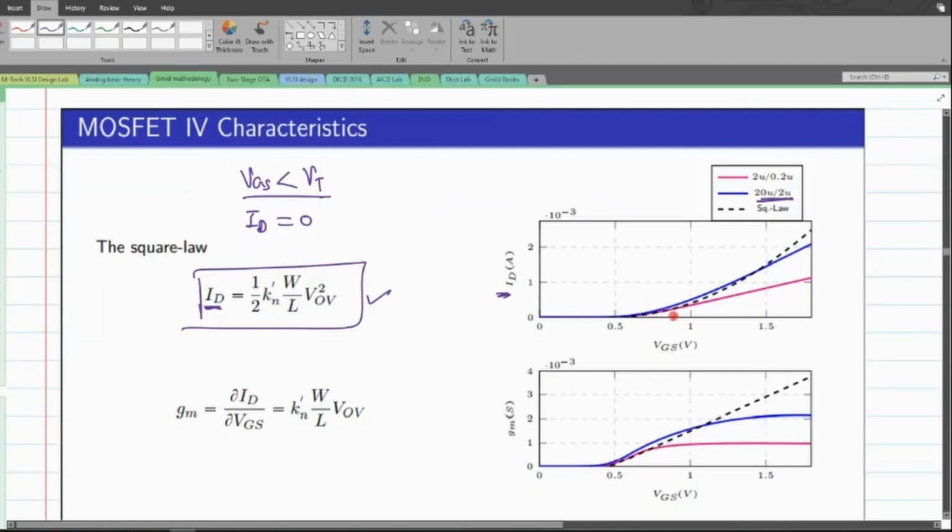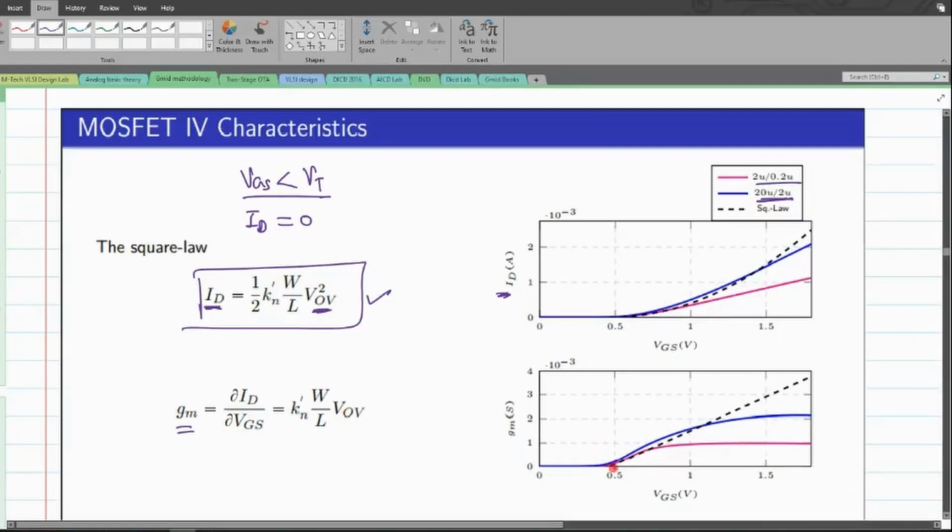Whereas when we take the shorter device, with a channel length equal to 200 nanometers, you can see there is a huge amount of deviation from the graph predicted by the square law relation. Also, the transconductance is the derivative of the output current with respect to the control input voltage, which in this case is VGS.